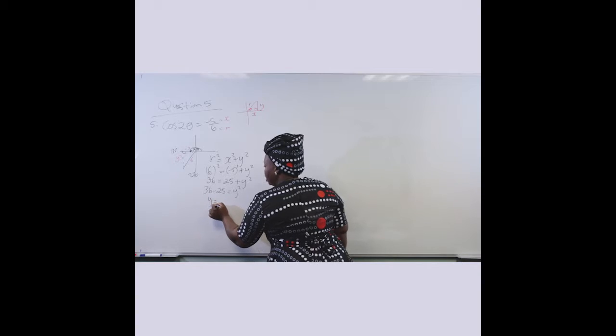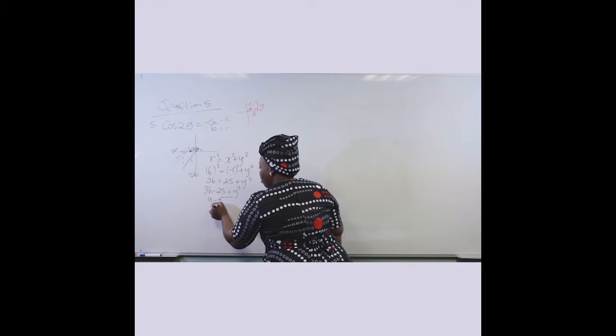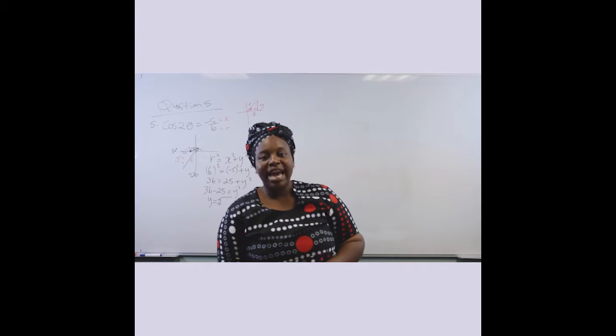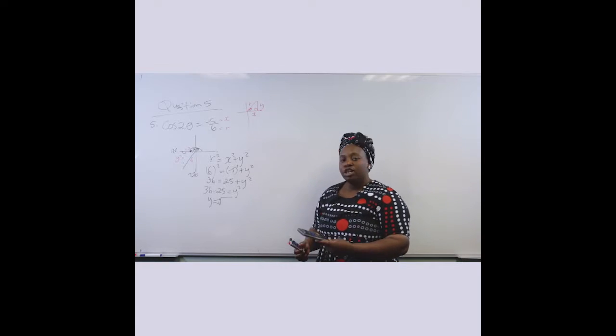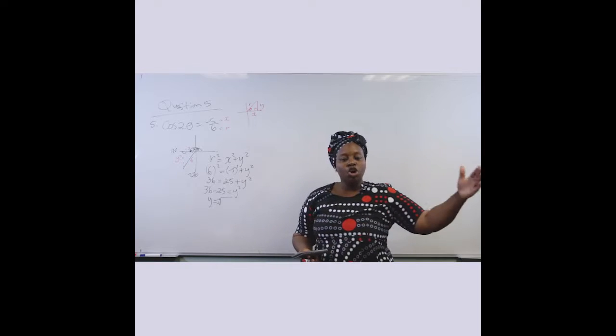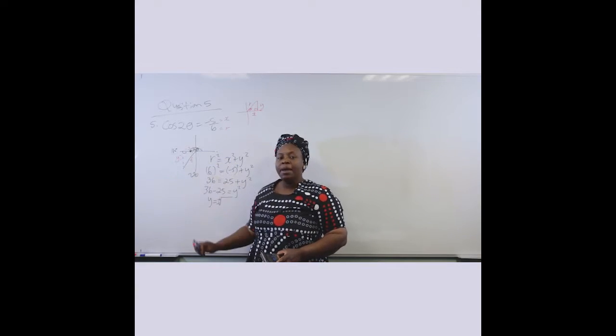Y will be equal to the square root of, remember it's y, so it should be plus or minus. The only thing that is always positive is r, because r is a radius. A radius cannot be negative, while y and x can be negative depending on the side where you find it. In the third quadrant, both x and y must be negative.